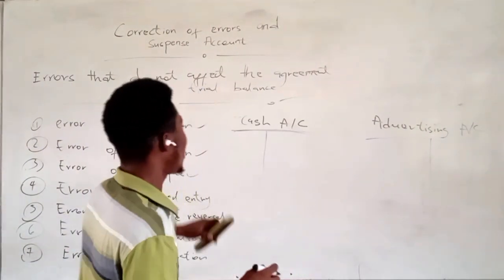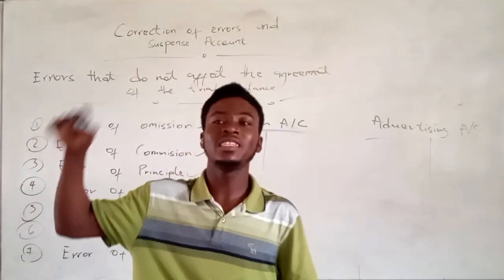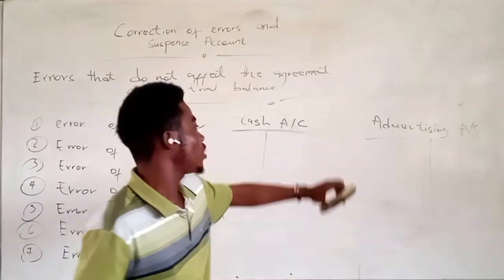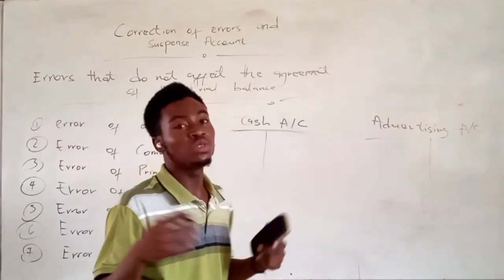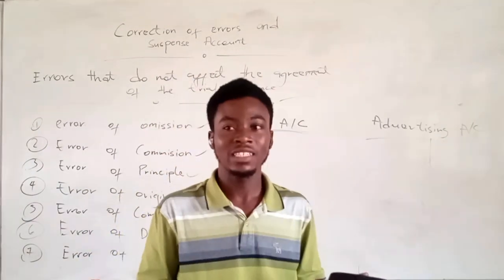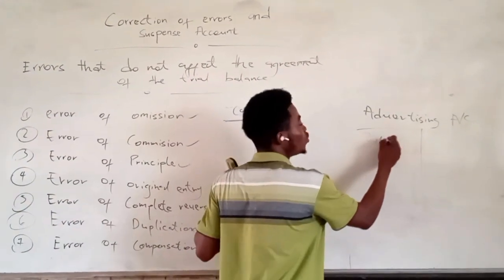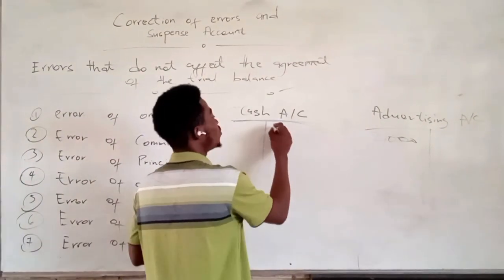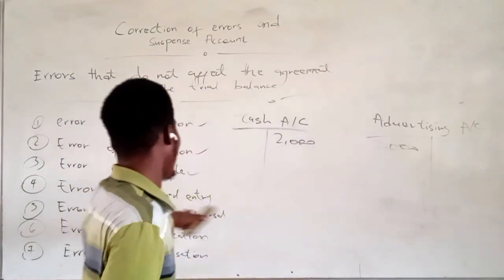So let's say we have cash account and advertising account, and we did it in the day book, but instead of bringing it to the double entry, we didn't record it at all. Let's say the transaction was 2,000, paid advertising 2,000 with cash. If you pay advertising with cash, you have to debit advertising 2,000 and credit cash 2,000. So this is how you correct the error of original entry.